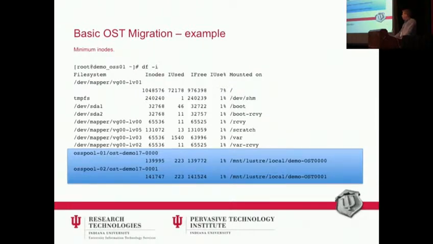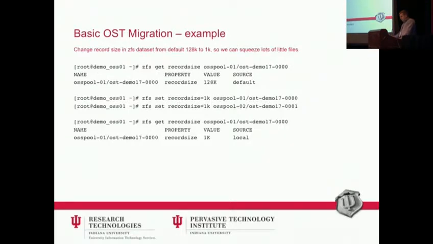This is how it looks right after you run the makefs. In our demo environment, in order to keep the capacity usage down, we changed one of the properties in the ZFS dataset, which is the record size. It defaults to 128K.